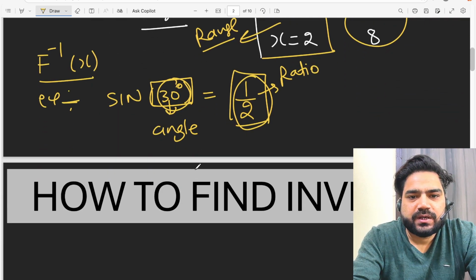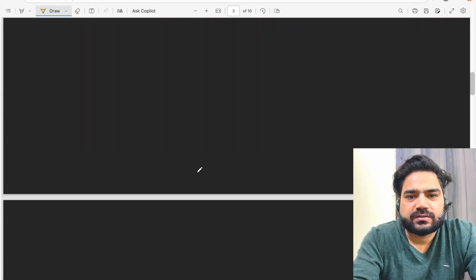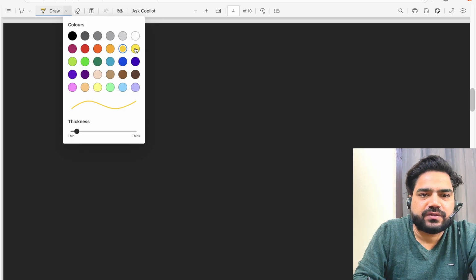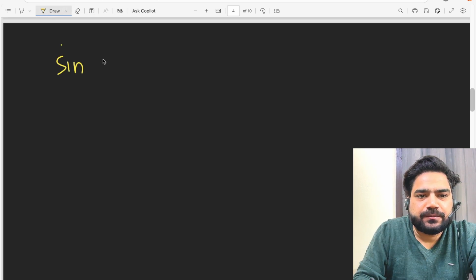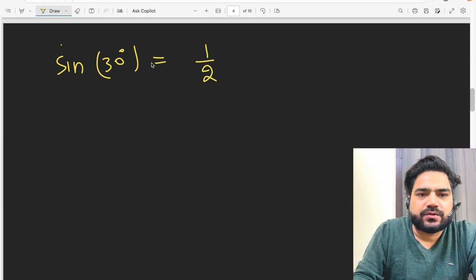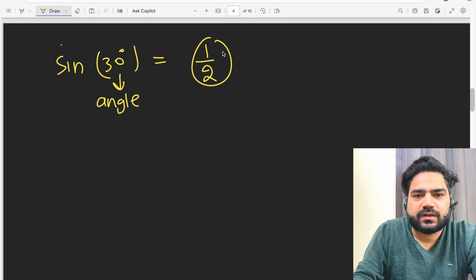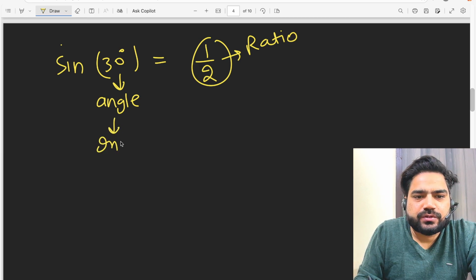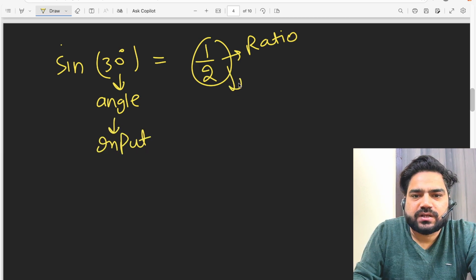For example, if you look again at the trigonometric function, sine 30 degrees, we know that it is equal to 1 by 2. So this is the angle and this is the ratio. Basically, in a normal function, this angle is our input and this ratio is our output.